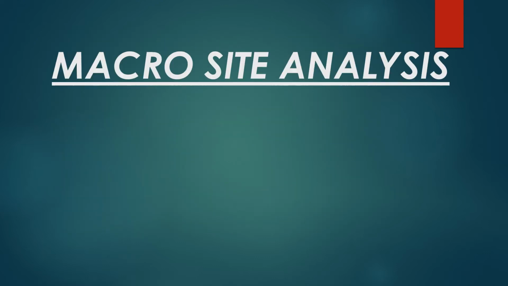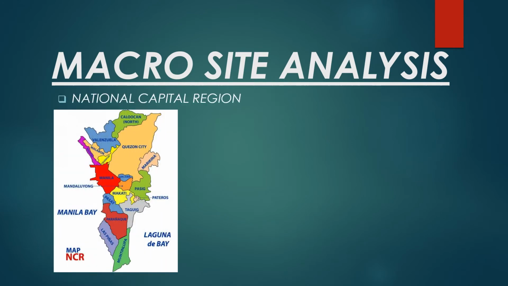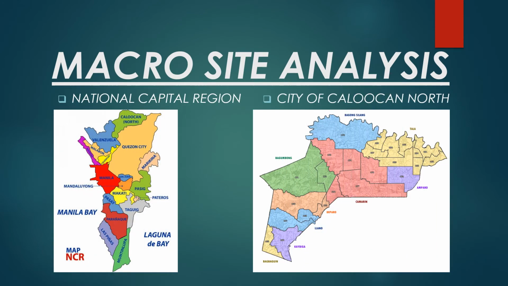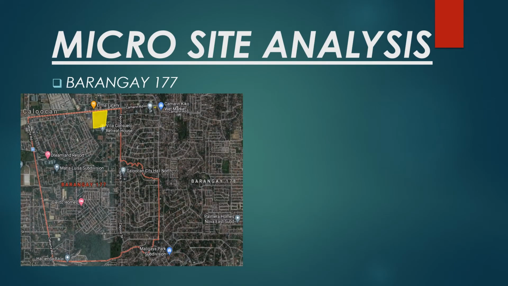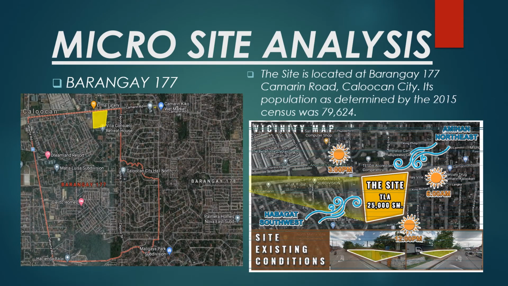And for the macro site analysis, we have here the National Capital Region map and the City of Caloocan North map. And our barangay site, Barangay 177, had a population in the 2015 census of 79,624.